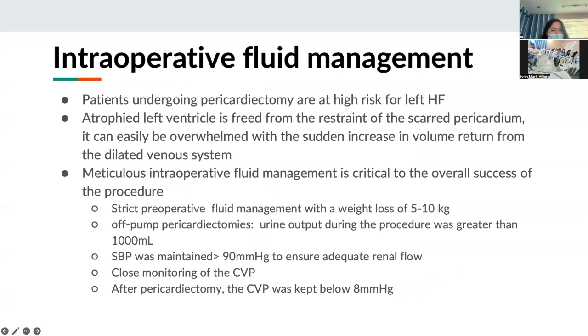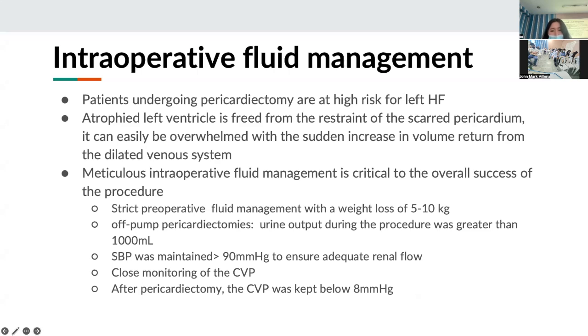So, a recent study shows that in patients undergoing pericardiectomy, the total amount of intraoperative fluid is correlated with the patient's outcome. So in this case series, all patients underwent strict preoperative fluid management with a weight loss of 5 to 10 kilos.